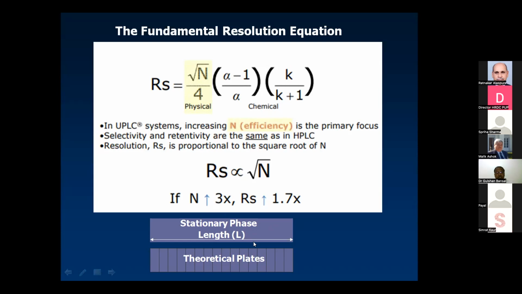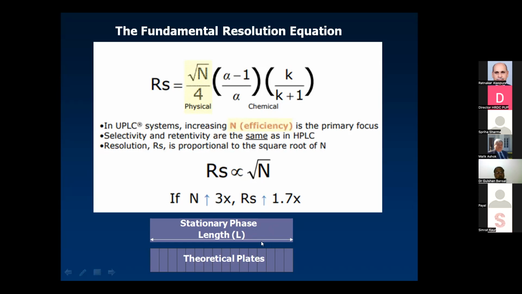So if we decrease the particle size, this height equivalent to a theoretical plate, or H, will decrease. And this decrease in H means an increase in N, right? Because N is L upon H, where H is the height. So if the height is decreased, N is increased.